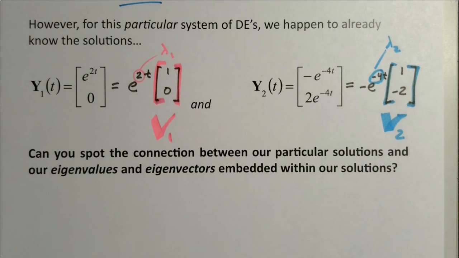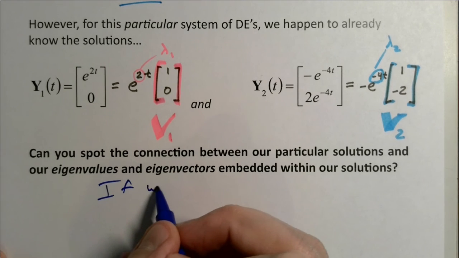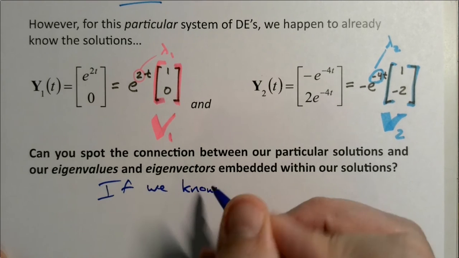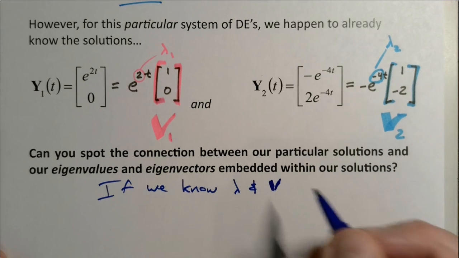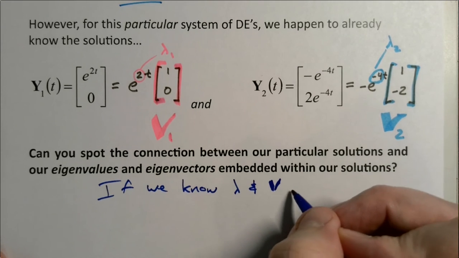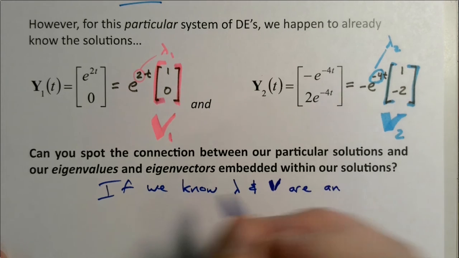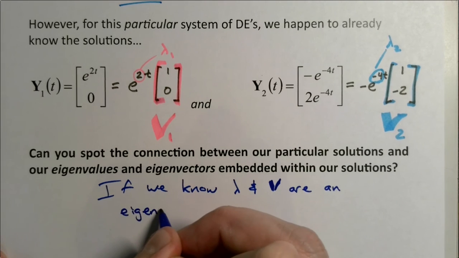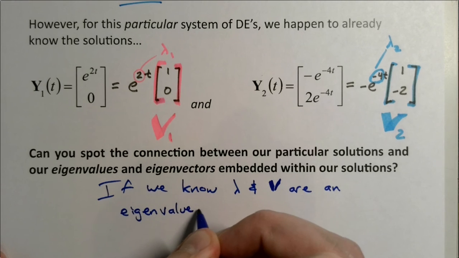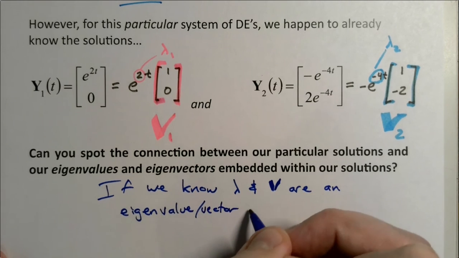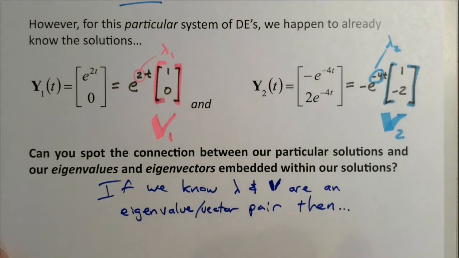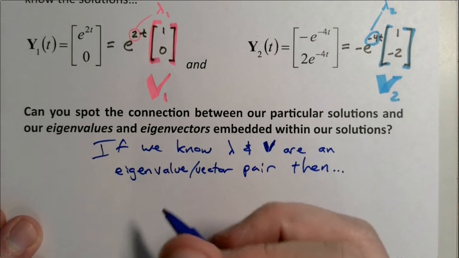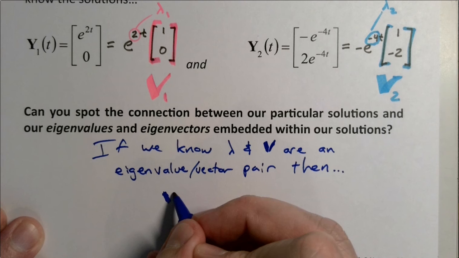Because, and this is putting it all together, if we know lambda and v, an eigenvalue/eigenvector pair, then, and this is the big flourish, we know a straight line solution.